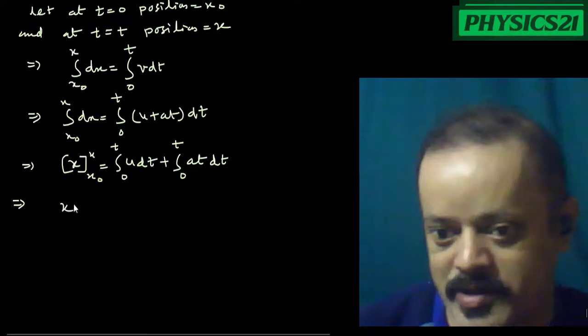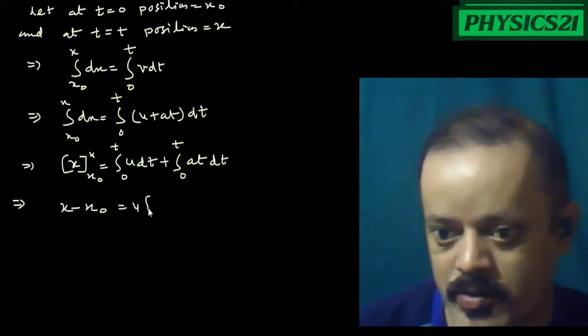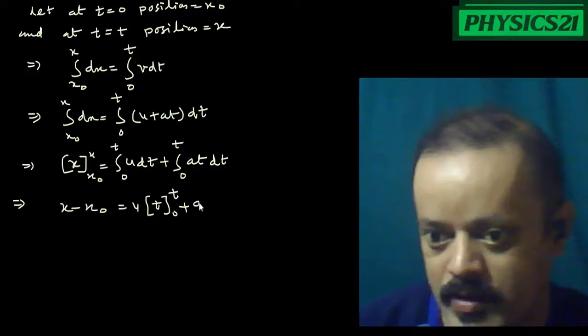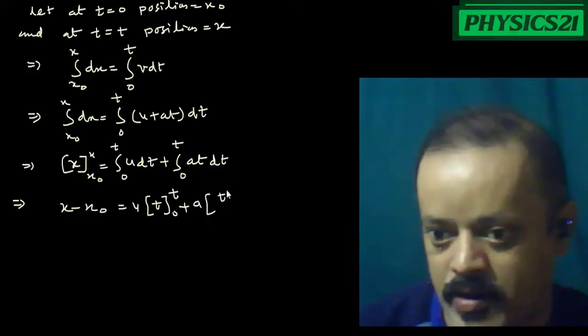Now in next step it is x minus x naught is equal to u t from 0 to t plus a t square divided by 2 from 0 to t.